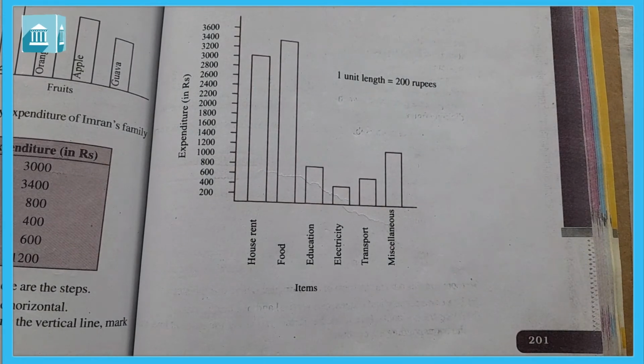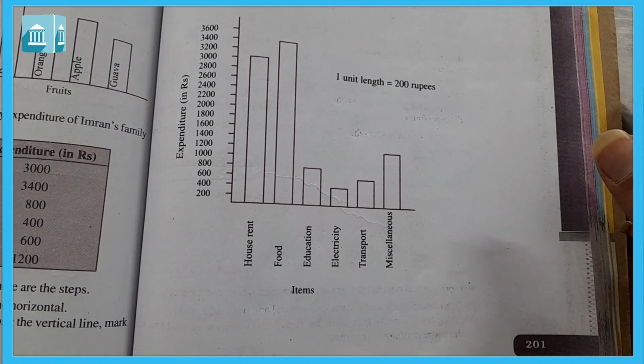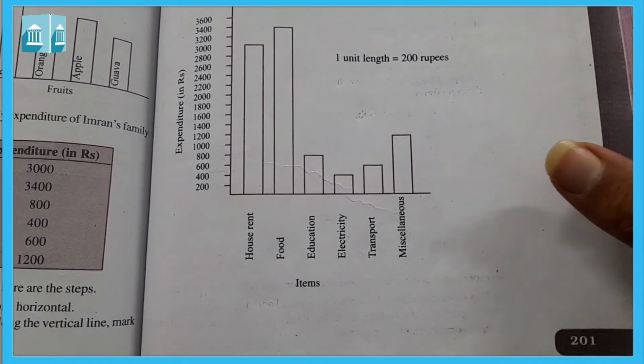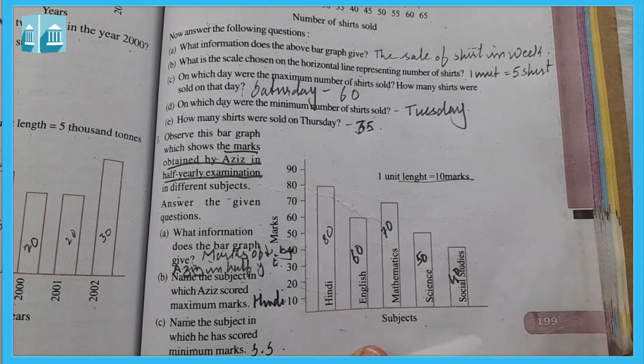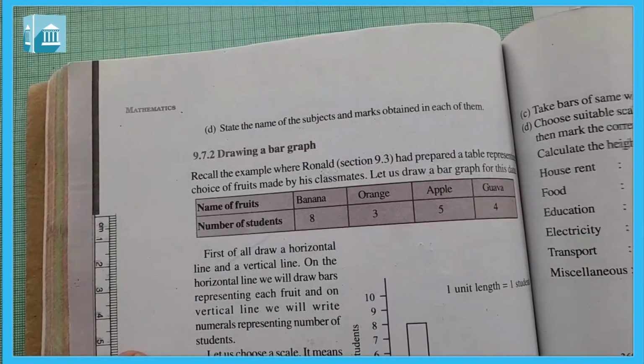So we can write here SS, in which he scored minimum marks. And question D is, state the name of the subject and marks obtained in each of them. So we have to write the name of the subject and marks.